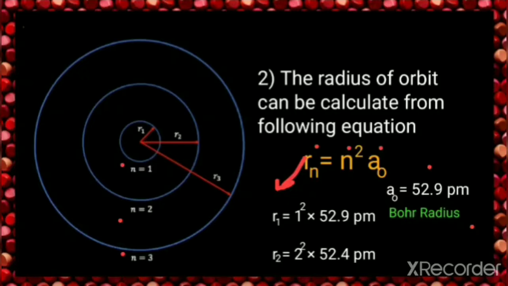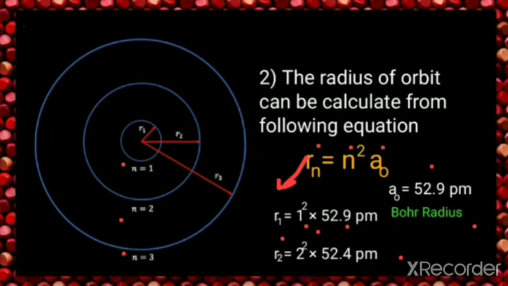When we put n equal to 1, we get R1 = 1² × 52.9 pm. That will be the radius of the first orbit. In this way, we can calculate the radius of the orbit, as explained by Bohr.